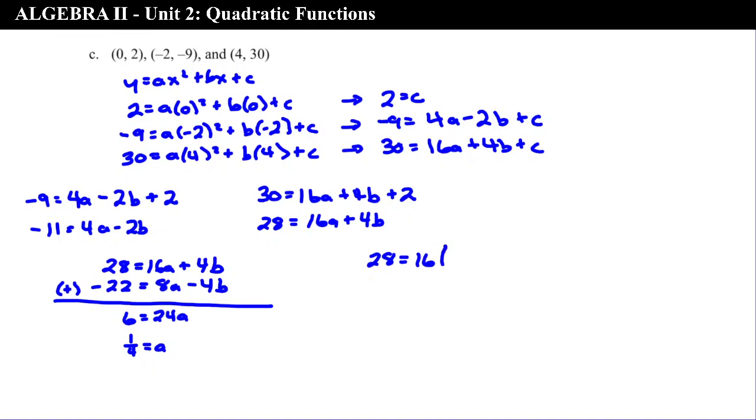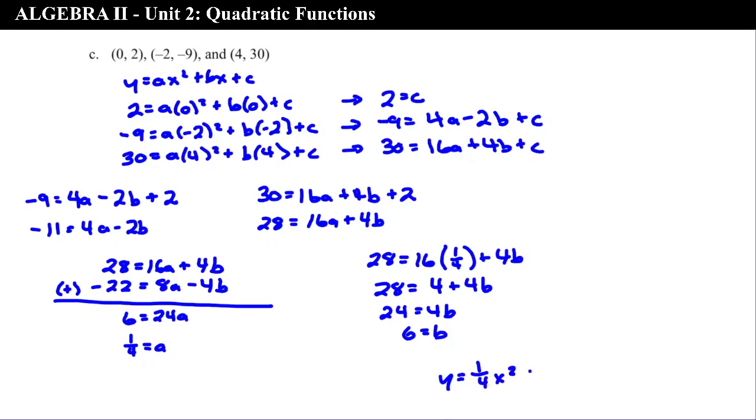So you have 16 times 1/4 plus 4b. 28 equals 16 divided by 4 is 4. Subtract 4 from each side. And then divide by 4. And you get that 6 is b. So we can write our final equation as y equals 1/4 x squared plus 6x plus 2.